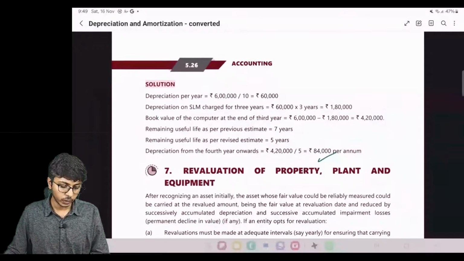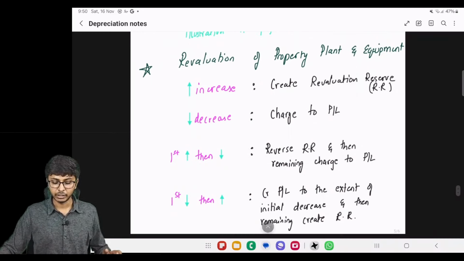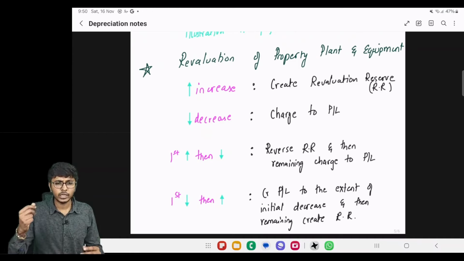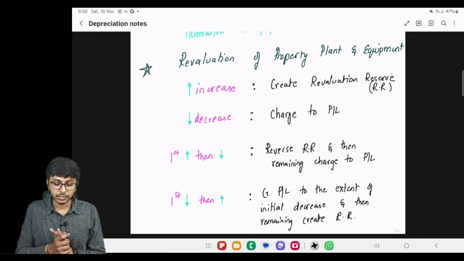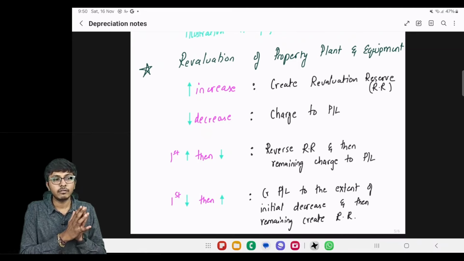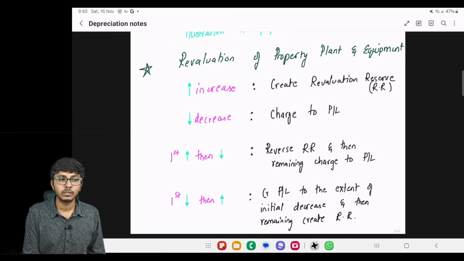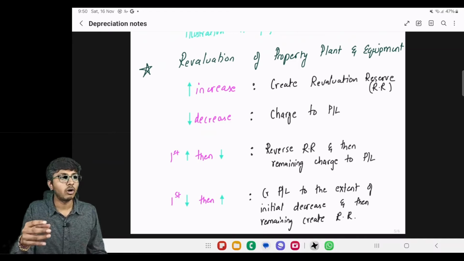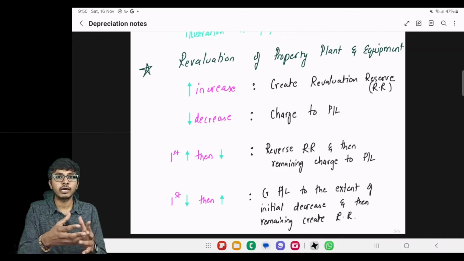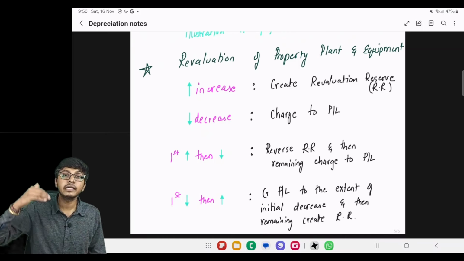We'll quickly jump to the next topic. Revaluation of property, plant and equipment. We are done with the chapter. Very quickly, 2 minutes. What is revaluation? Suppose we take a building. We spent only 10 lakh rupees to buy this building, but because there was some metro or government development in this area, the value has significantly increased.